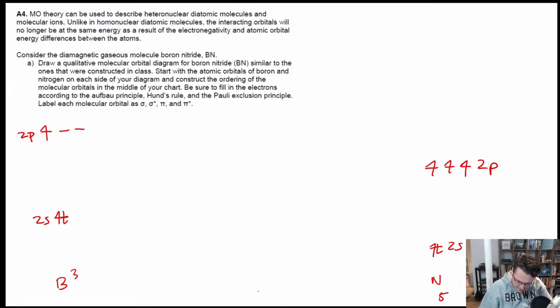And so now the next thing is drawing the MO diagram for BN, for boron nitride. So now follow the exact same approach that we had done in the past, where we have s orbitals interacting with each other to form sigma bonding and sigma anti-bonding orbitals. And so now the sigma bonding orbital should be lower in energy than the 2s on the nitrogen.